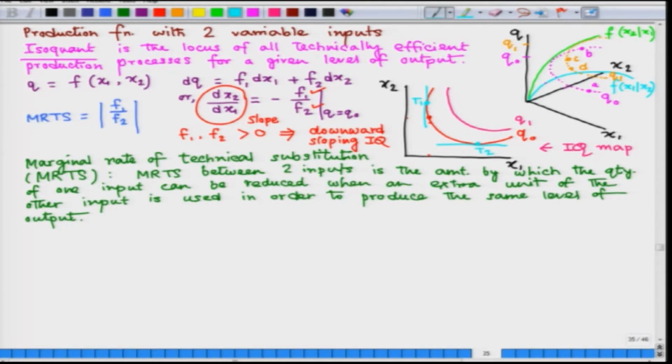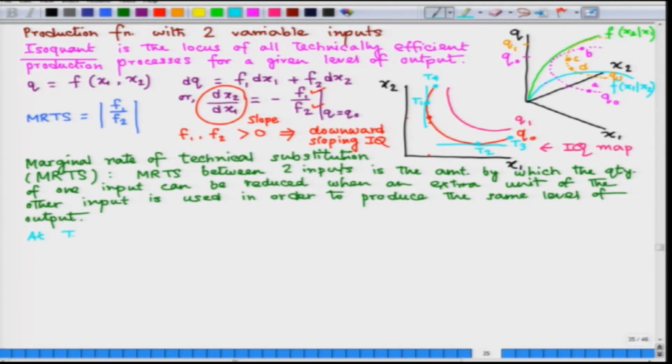and we can have some points like T3 and T4. Now, any points such as T3 and T4 are basically inefficient points. Now, consider the point T1.